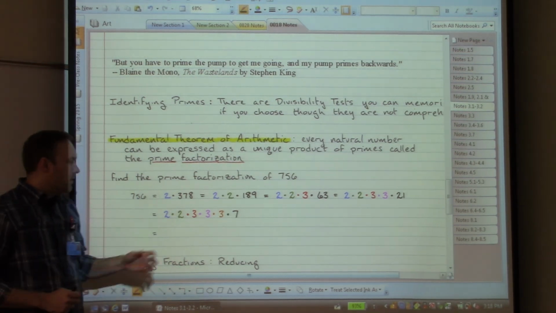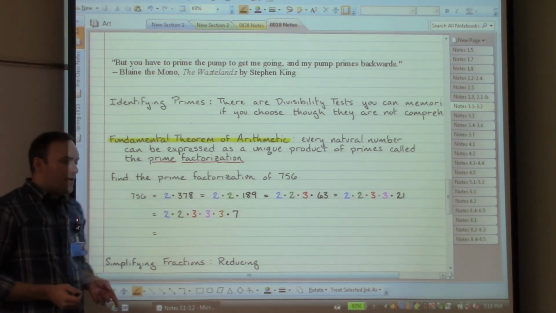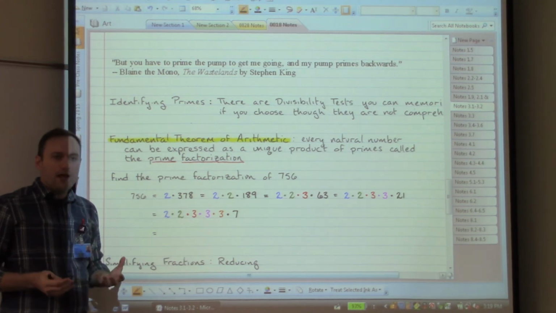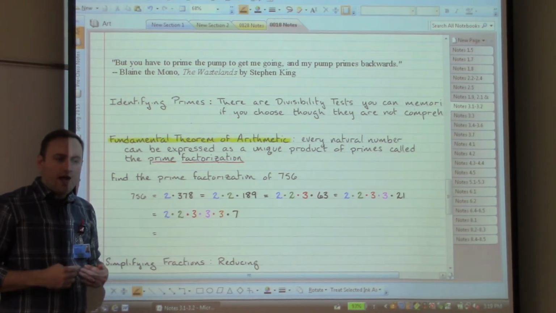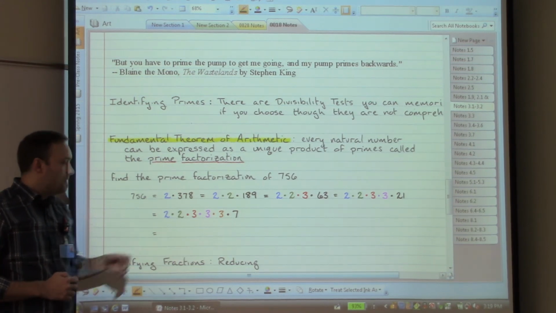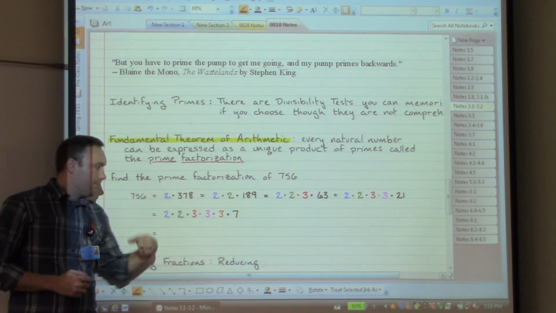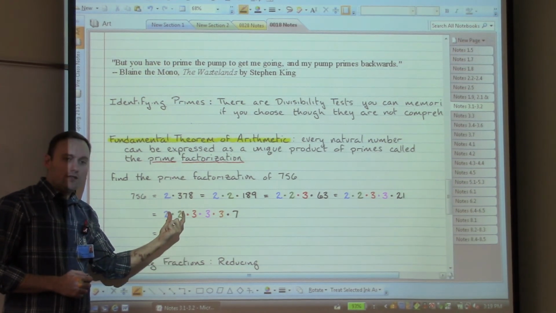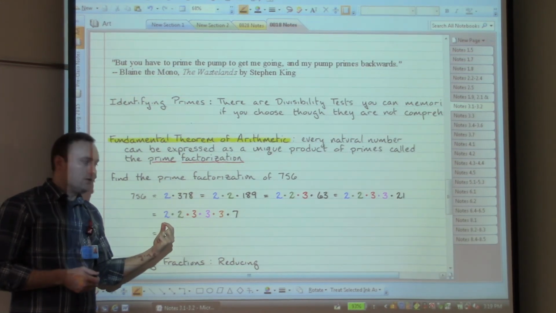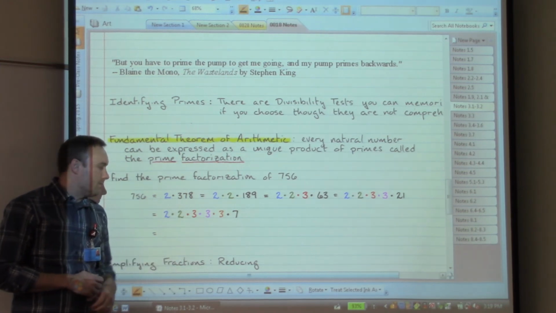So this might very well be an acceptable answer. We would have to watch out for the directions. If we had any specific directions about giving our answer, they could ask us to use exponents, which means that we could shorten this answer up by taking the 2's, combining them together so that a power would be used, taking the 3's and combining them together so that a power would be used.